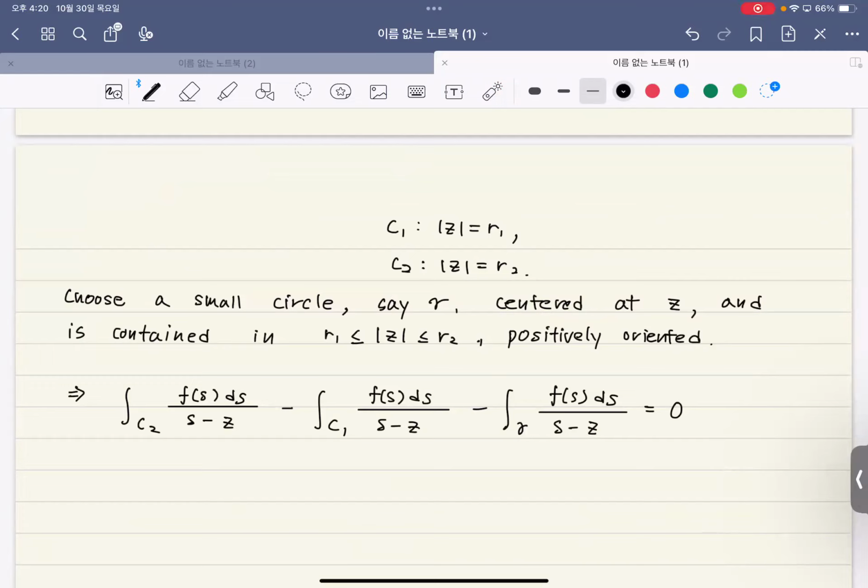Right? Oh, because, well, for the multiply connected domain, you have function f, which is analytical here.